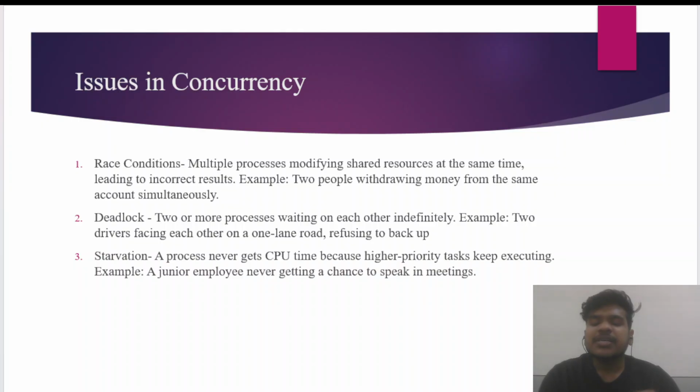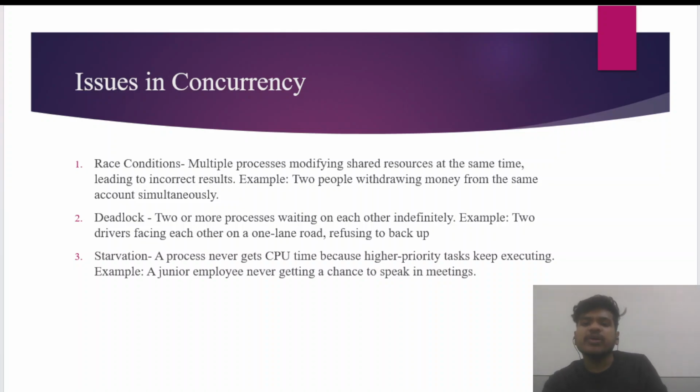Then we have starvation. It means that a process never gets CPU time because other high priority processes always run first. Let me give you an example: there is a new employee, but he is never getting a chance to speak in meetings. Why?